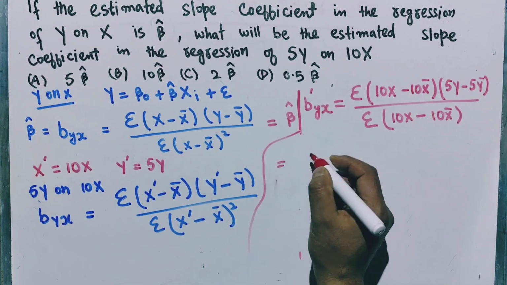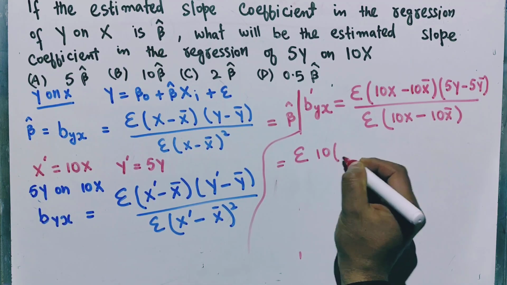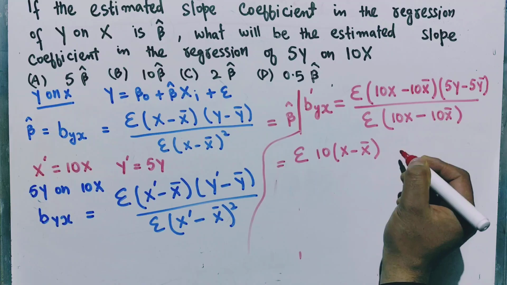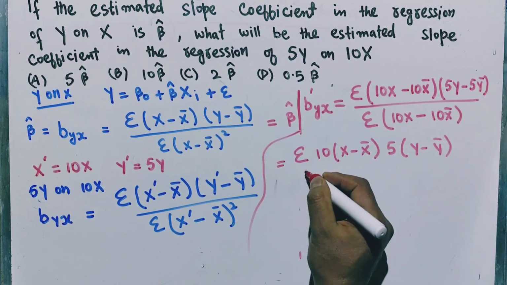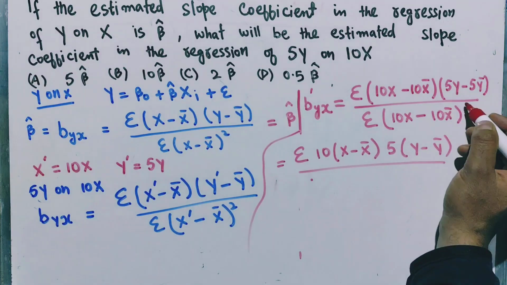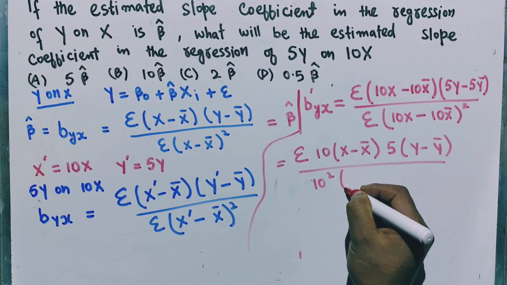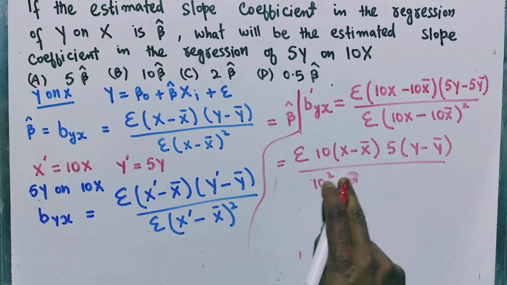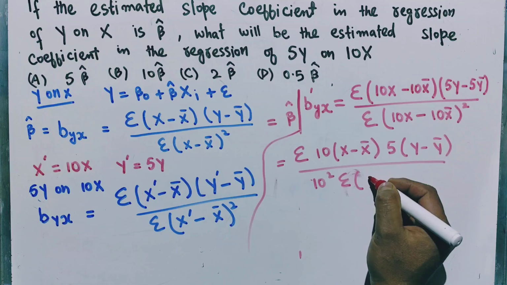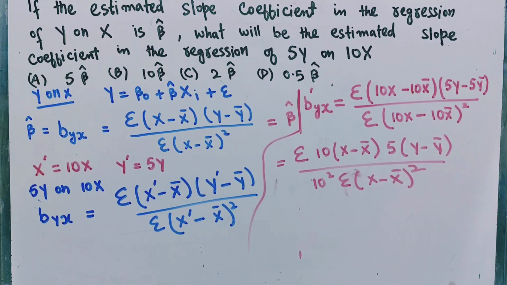Can we write it like this: summation of, let's take 10 common in the first term, so we have 10 times (x minus x bar); here we take 5 common, so 5 times (y minus y bar), divided by, here we take 10 common, so 10 square common, so we are left with the summation of (x minus x bar) whole square.